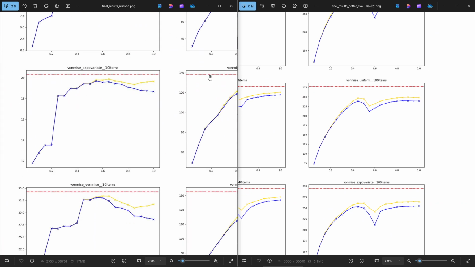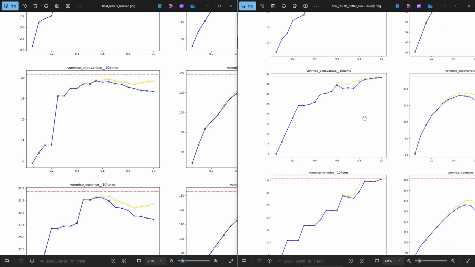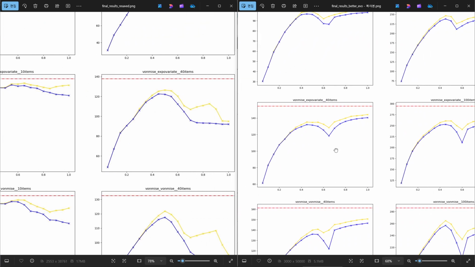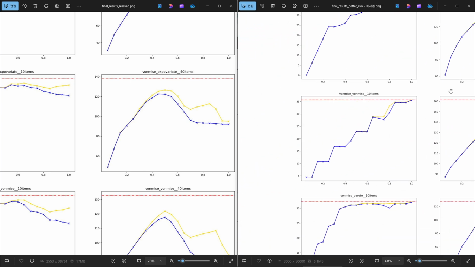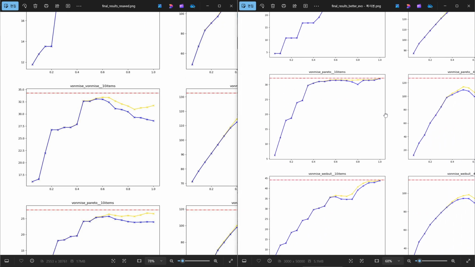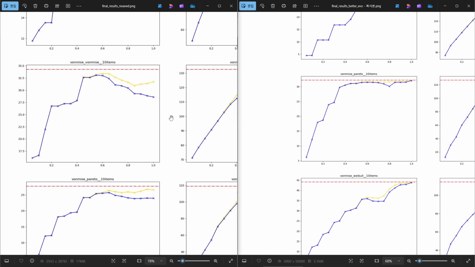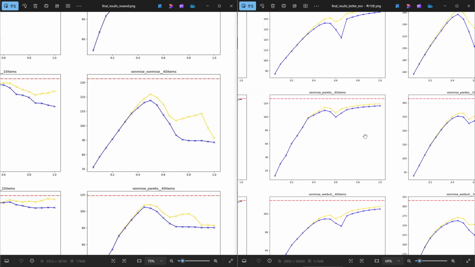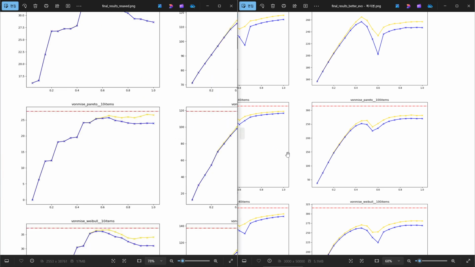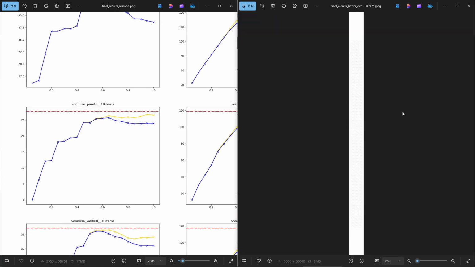Okay. For Mesa expovariate. 10 items, 40 items, 100 items. Okay, for Mesa, we've seen this, but I'll go over it anyway. Still a lot better. Keeps on rising. The levels keep on rising.